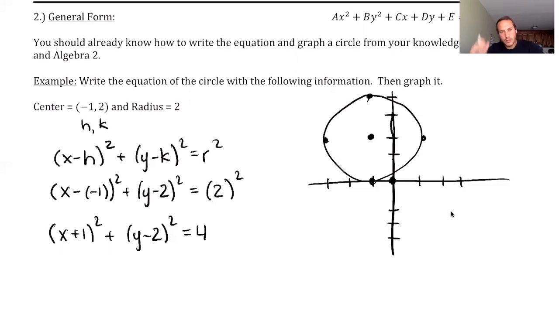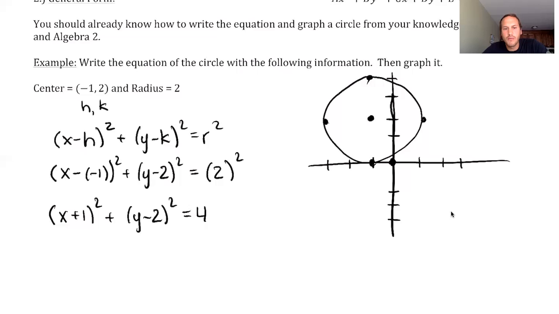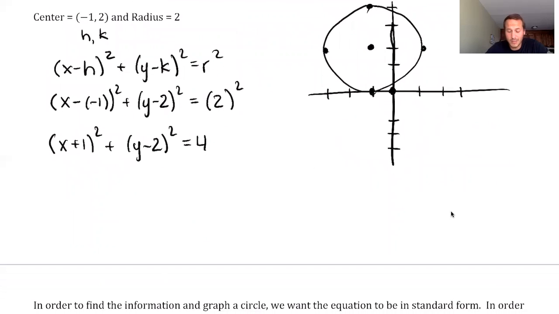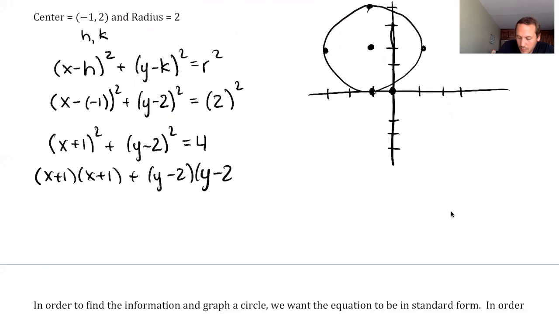Now, what would I do if I wanted to go from center radius form to general form? Well, it's actually relatively simple. I'm going to expand this, x plus 1, x plus 1, y minus 2, y minus 2 equals 4. And then I'm just going to FOIL out.